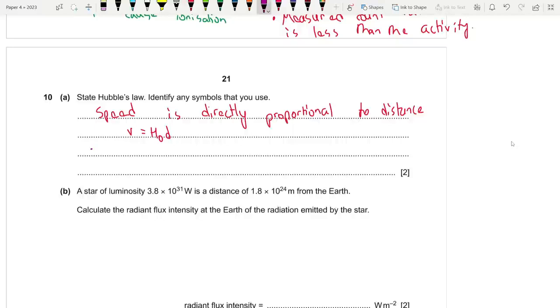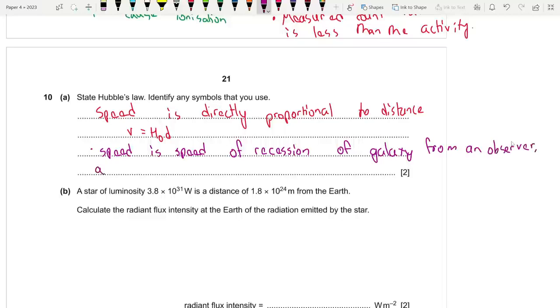So basically, the speed v is the speed of recession of a galaxy from an observer. And what is d?